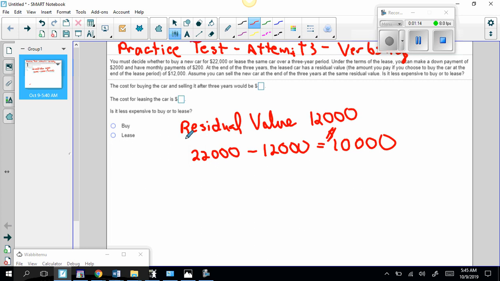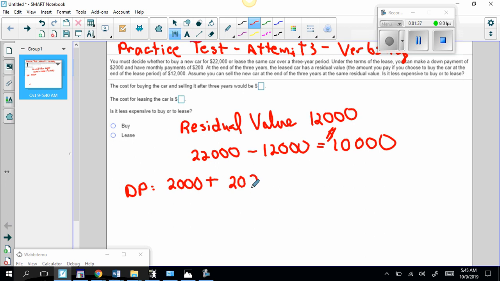Now, if you're going to lease a car, which my daughter, we actually lease one for her, it's sometimes cheaper. And in our case, it definitely was way cheaper. But anyway, there's always a down payment. So you got the DP to be $2,000 plus monthly payments.